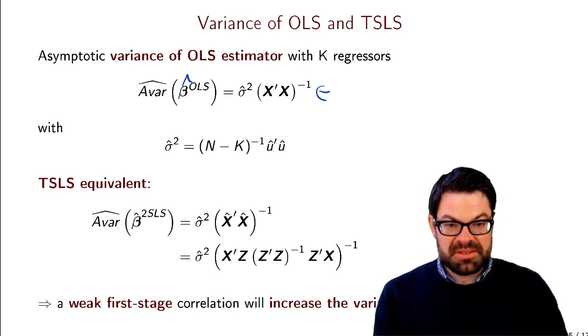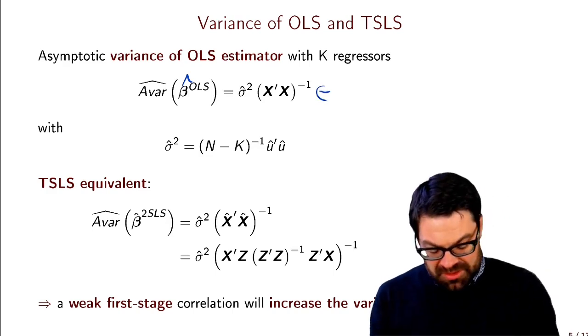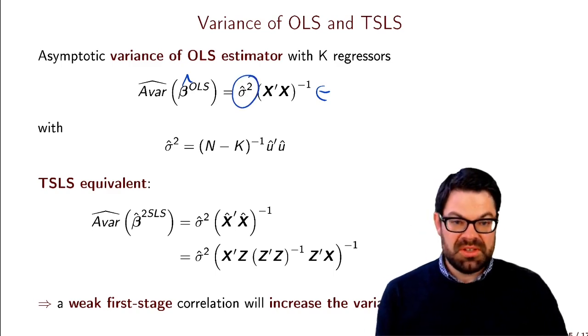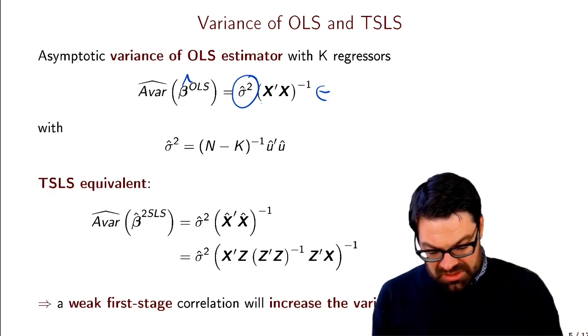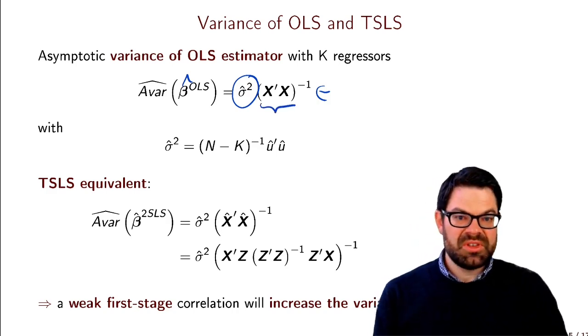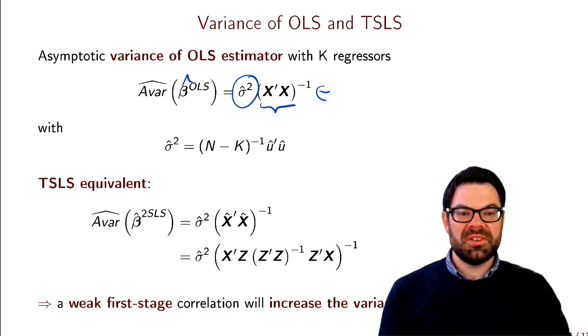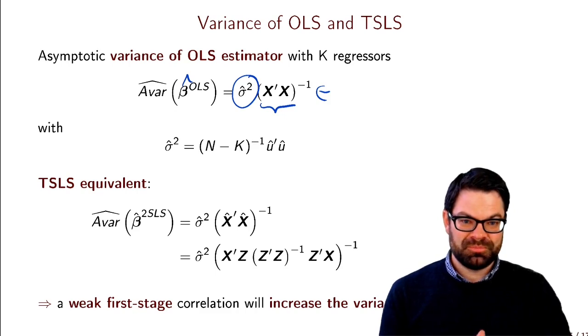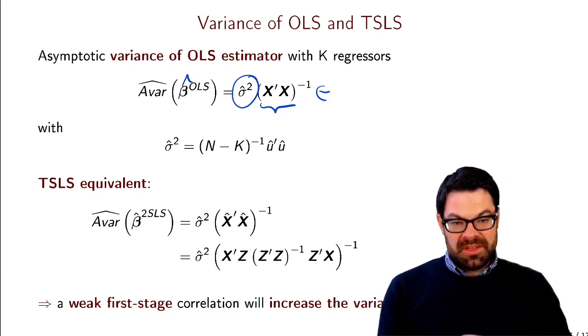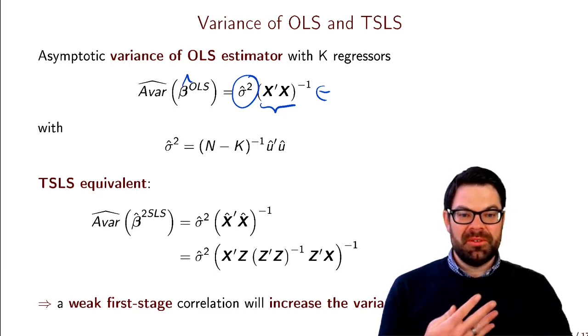It's the estimated variance of the residuals in our sample divided by this term here, which in a case with just one regressor is just n times the variance of that regressor. So it has something to do with the variation of that regressor.